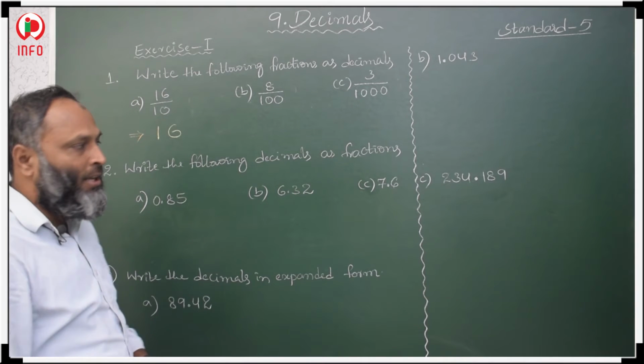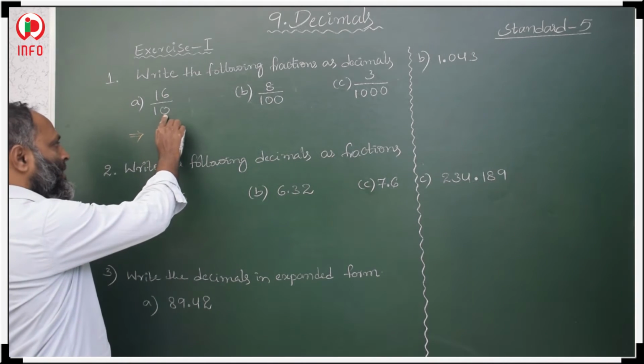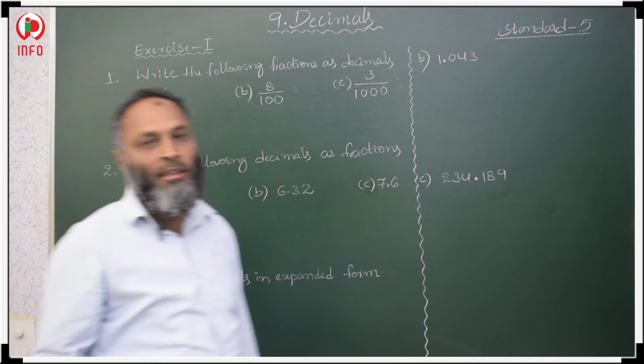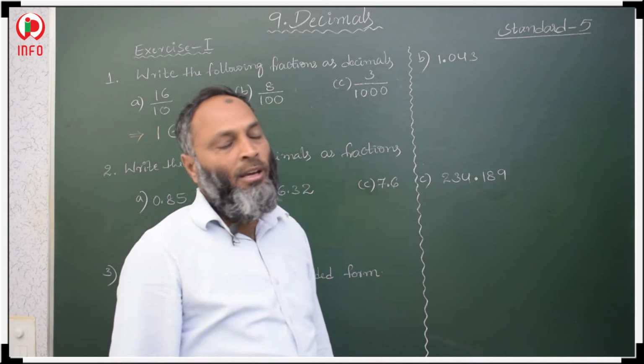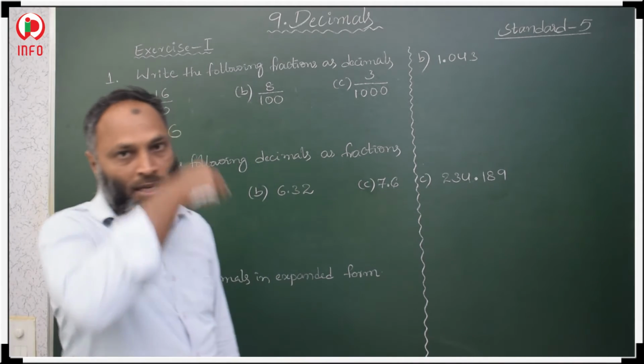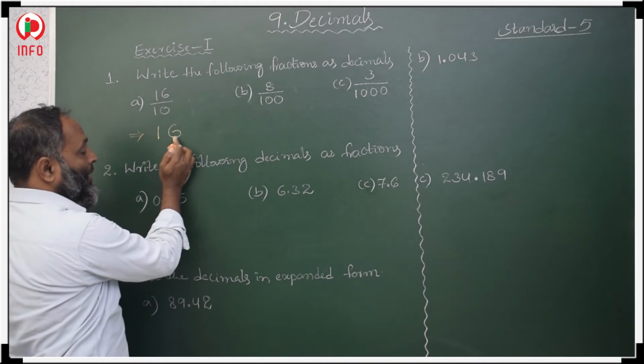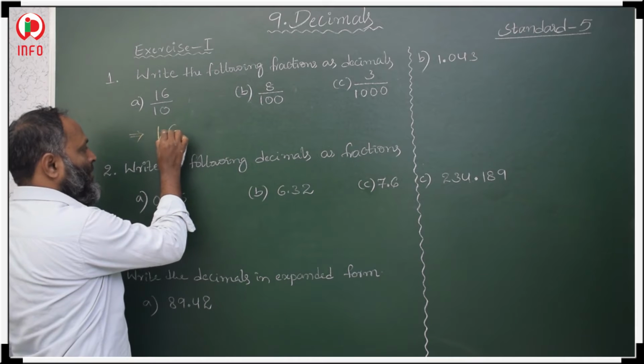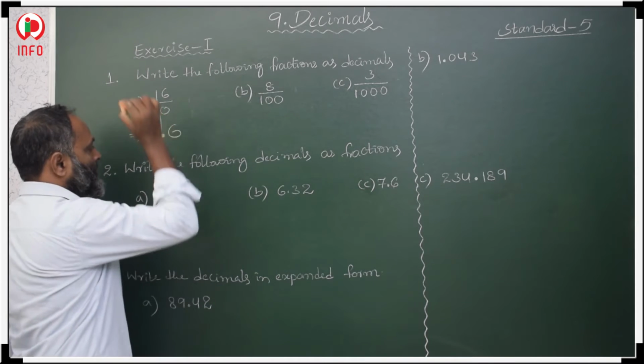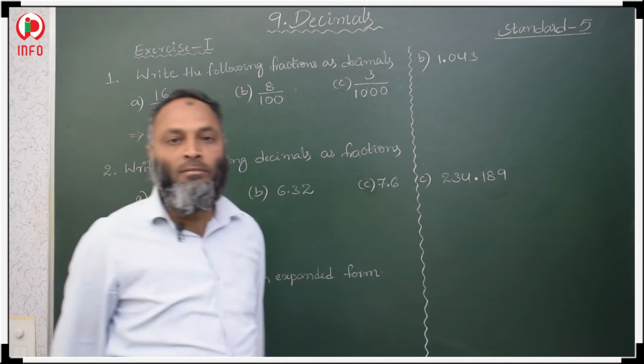Then after that, check how many zeros are there in the denominator. In 10 we have 1 zero. It means from right to left, after one digit we keep a decimal. That's it.